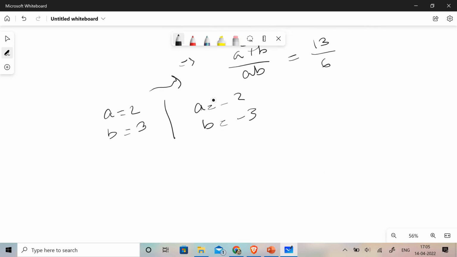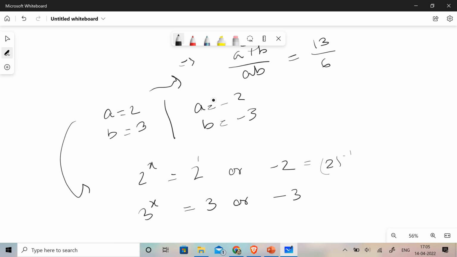So from here we can say, okay, 2 to the power x can be either 2 or minus 2, right? And similarly 3 to the power x, which was our b, would be 3 or minus 3. So 2 is basically 2 to the power 1, and minus 2 is basically 2 to the power minus 1.